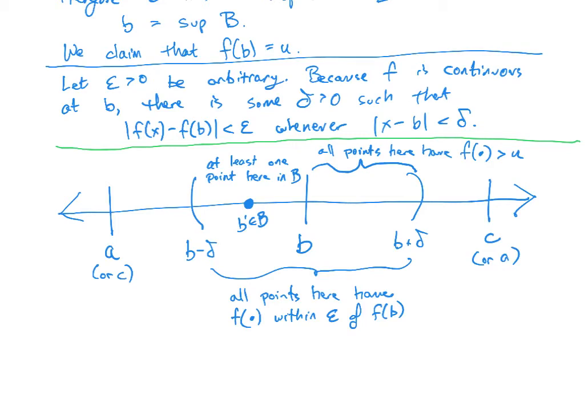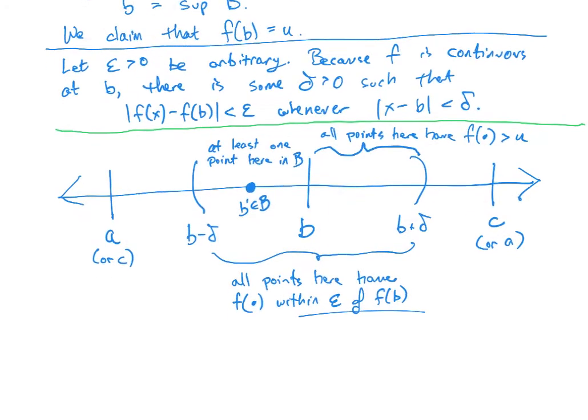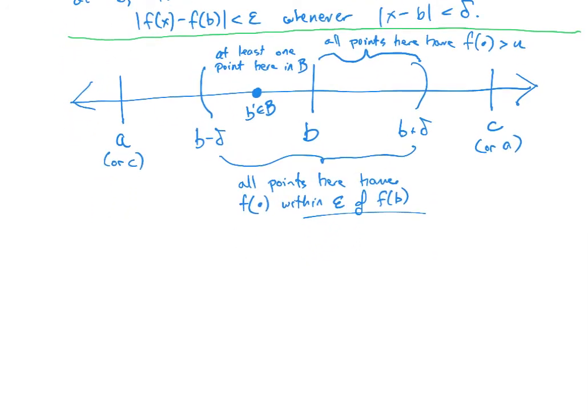To the right, all the points have their function values greater than u. Okay? And because we're continuous, all of these function values are really close to our function value. And now we're just going to put that together and see what it says, okay? That was the picture. Picture is not part of the proof, but it informs the proof, which we now write.